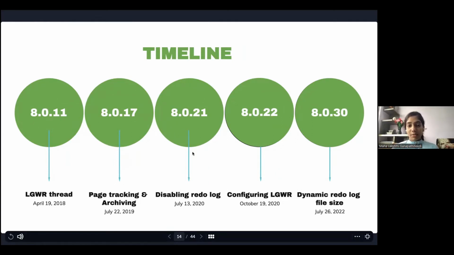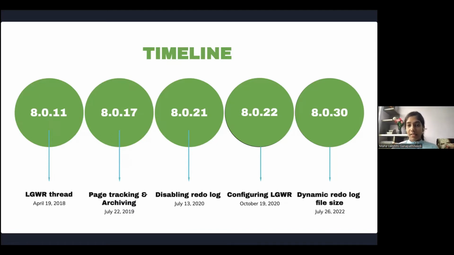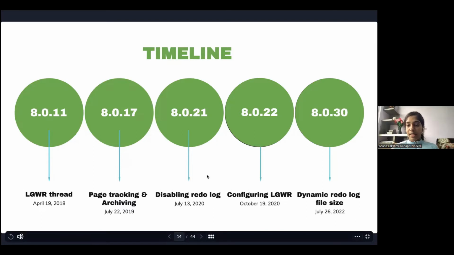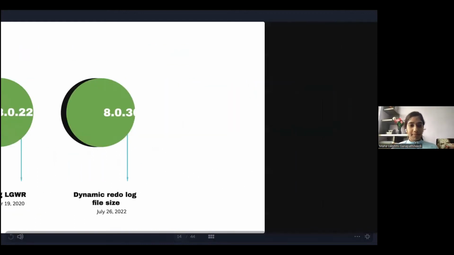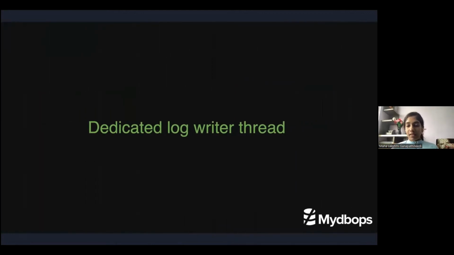In 8.0.21, we are able to disable the redo logs, and from 8.0.22 we can configure the log writer thread, which was already introduced in 8.0.11. And we can dynamically and globally set the redo log file size in 8.0.30. Let's discuss the dedicated log writer thread first.